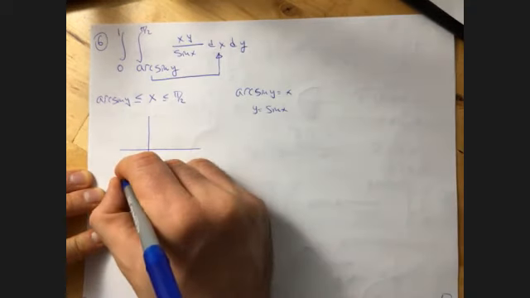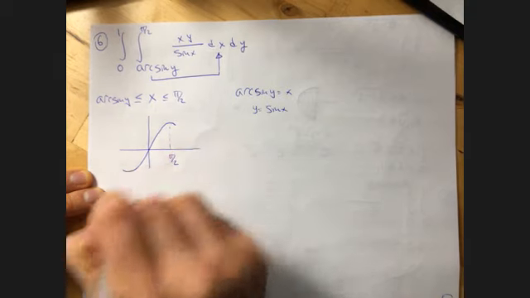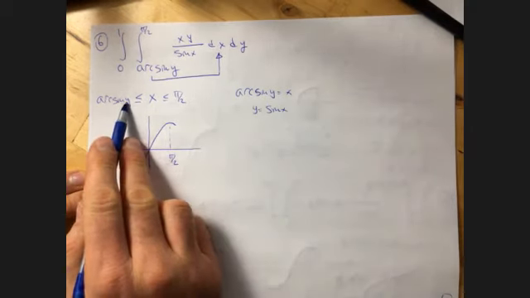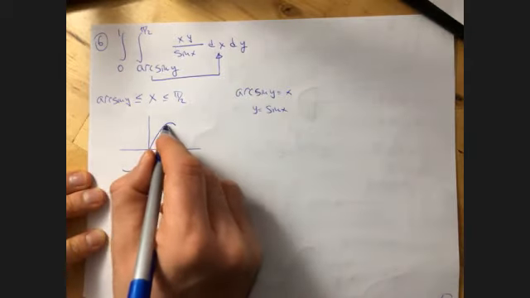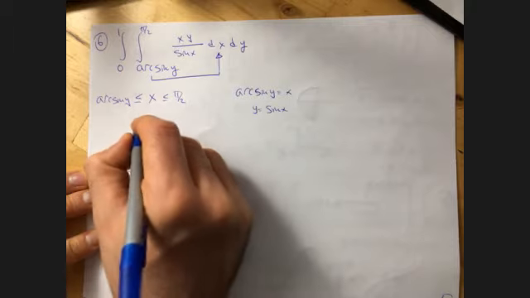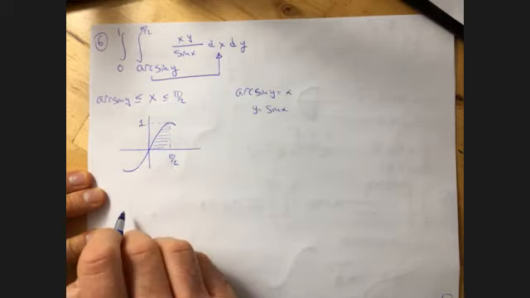Okay, so that's pi over 2, okay? And then x is greater than arc sine of y, but less than pi over 2. So obviously we're talking about this region. Sine of pi over 2 is 1, and then y is from 0 to 1.